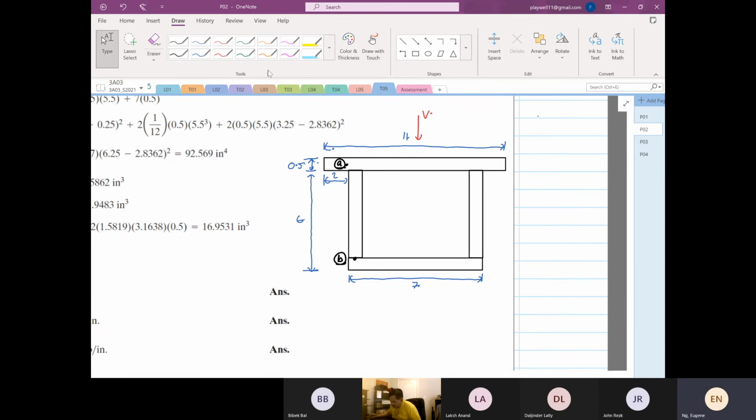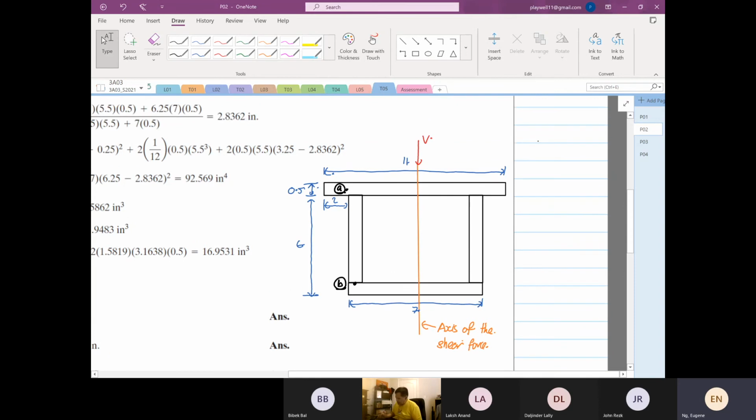And then I'm going to draw the axis of the shear force. So this is the axis of the shear force. Okay. So now, the centroid.